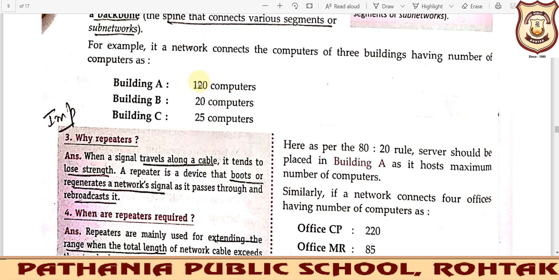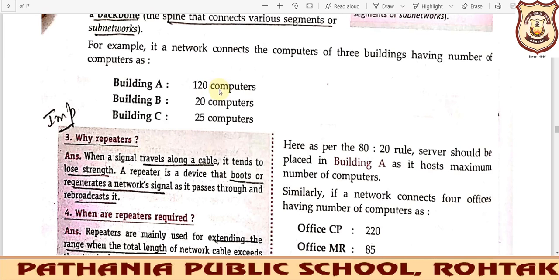In a nutshell, the overhead of placing a server where the number of computers is less will be avoided if we put the server at the place where we have more computers.